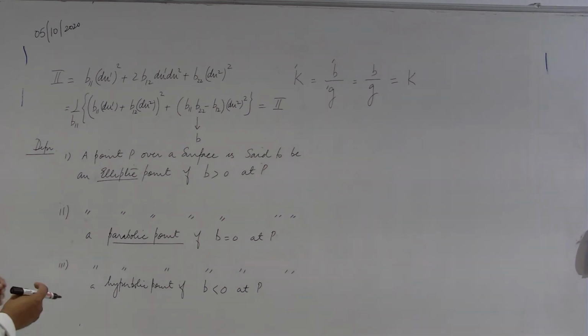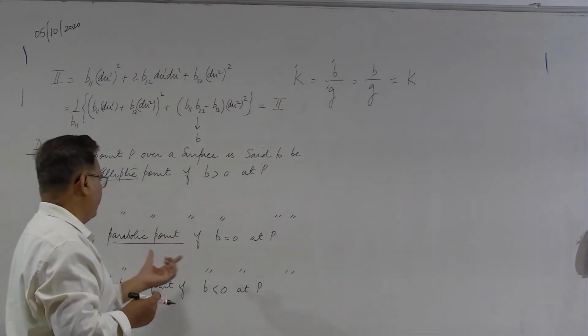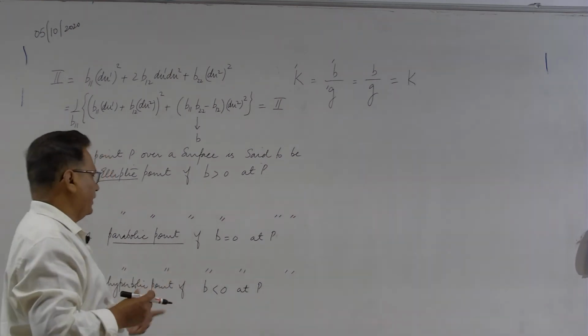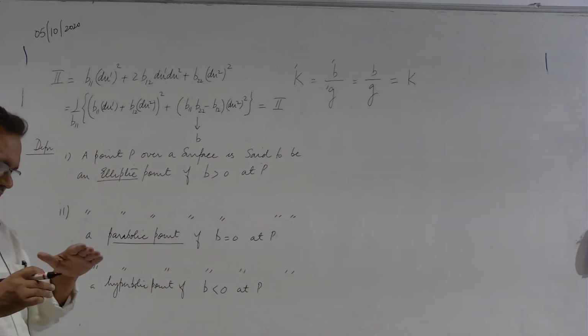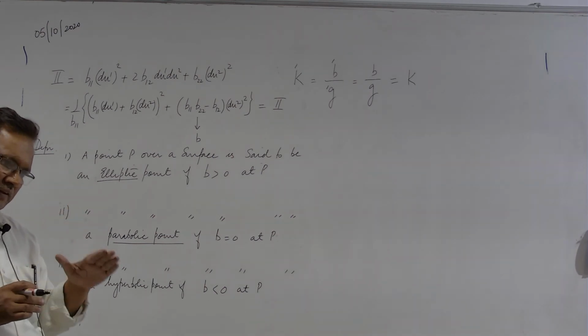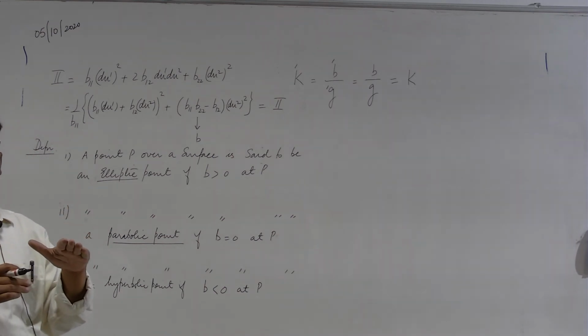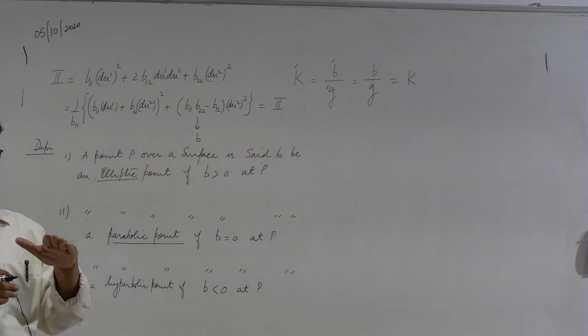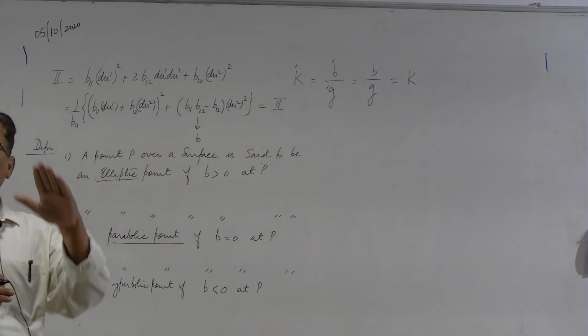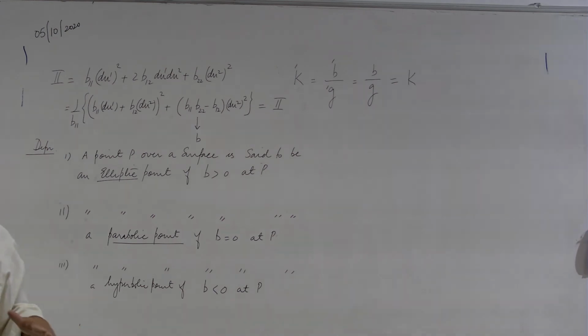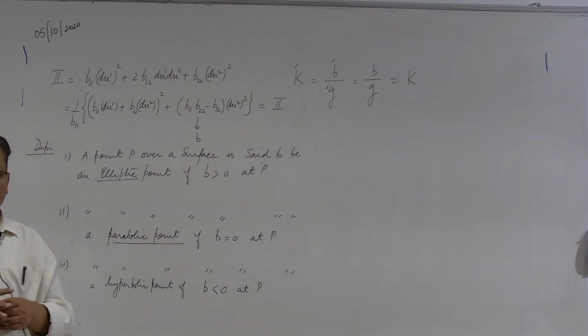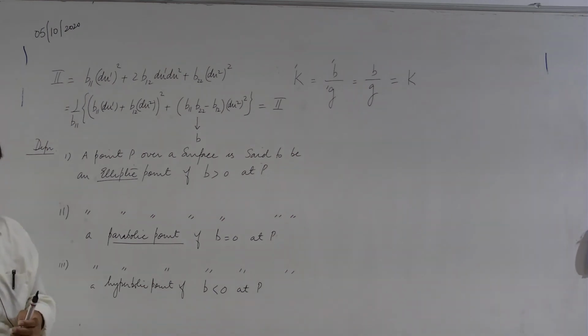Okay. In the parabolic case, what will happen? The tangent plane and the surface will have something common, and the common thing will be some curve. Is it right? For example, if you look at the tangent plane of a cone or a cylinder, you will see the entire line is common between the tangent plane and the surface.